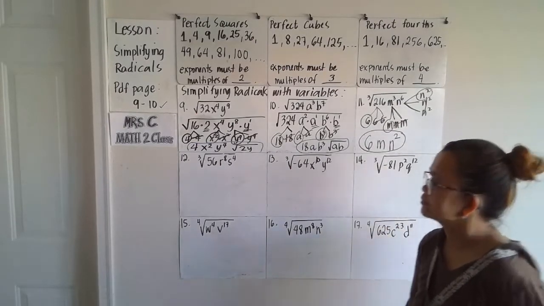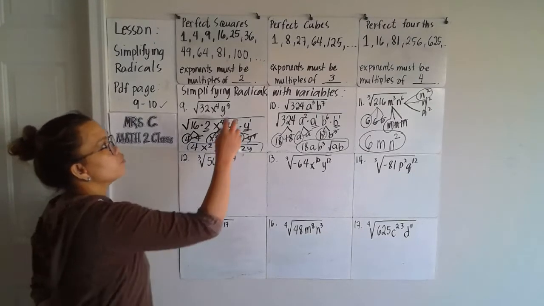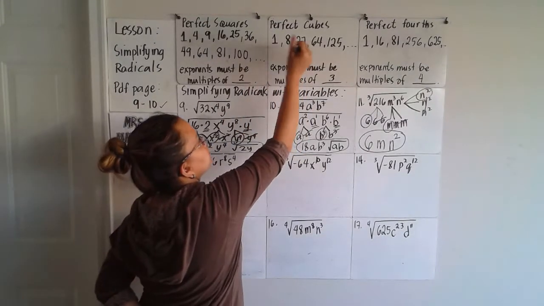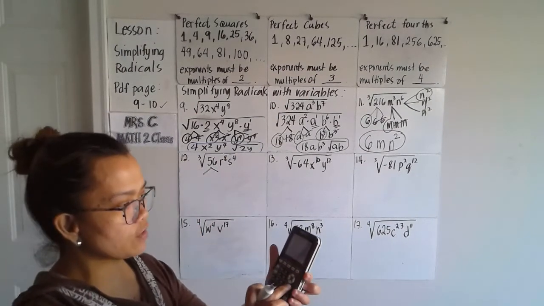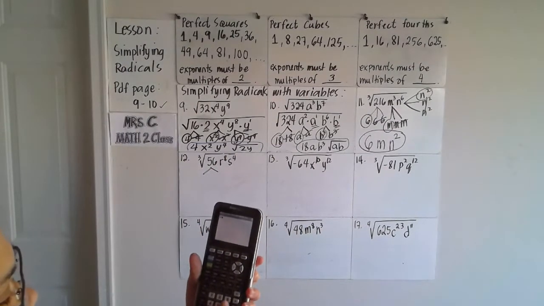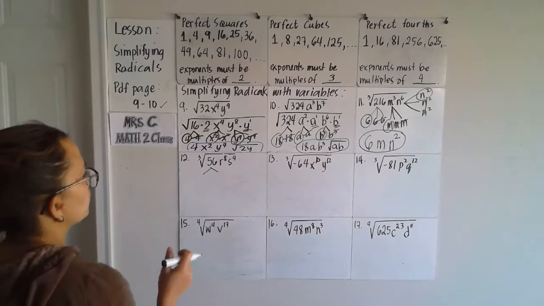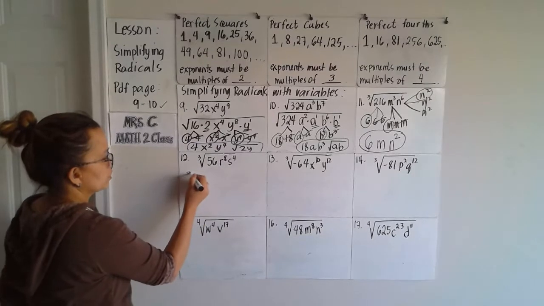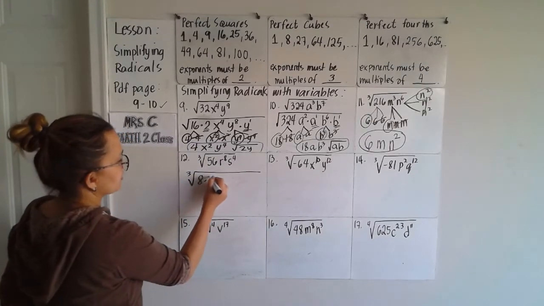Next, number 12. For number 12, it says cube root, meaning to say we need to choose a factor from this number. So 56. 56, is it a perfect cube root? I don't think so. So 56, is it divisible by 8? Yes, it is. So it's 8 times 7. So we're going to have cube root of 8 times 7.